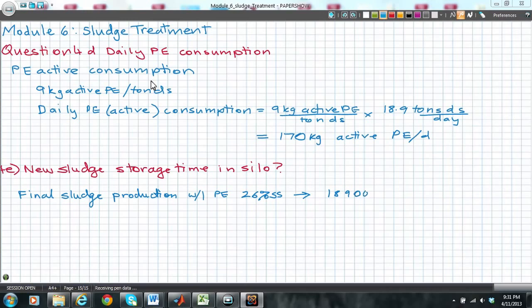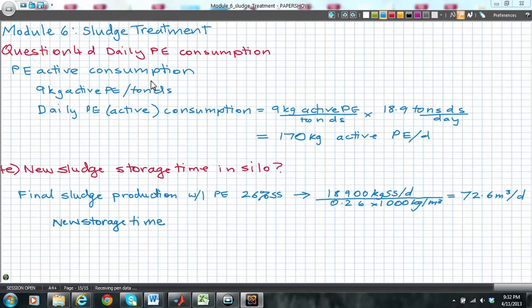So we have our solids loading of 18,900 kilograms of suspended solids per day, and we divide by 0.26 times the density of 1,000 kilograms per cubic meter, which gives us a new volume of 72.6 cubic meters per day. This has been reduced from 90, and therefore we've got a new storage time.